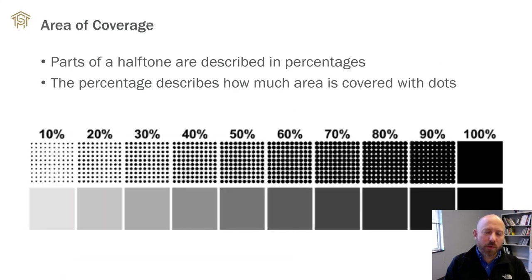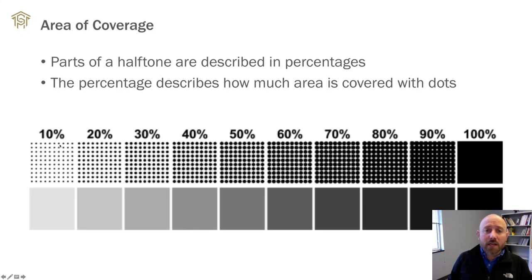When we talk about halftones, they're usually described in percentages, and that percentage is literally an area of coverage. How much area is being covered by dots? So when we look at these tone scales right here, if it's a very, very light tone, very light gray, we might say that's about 10%.